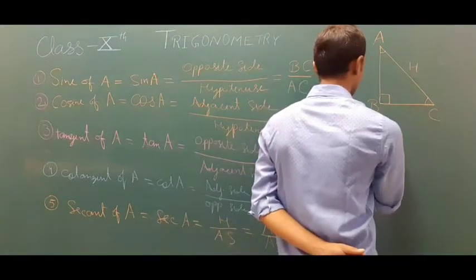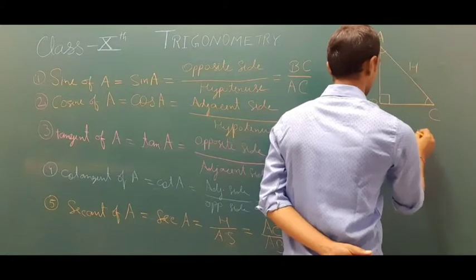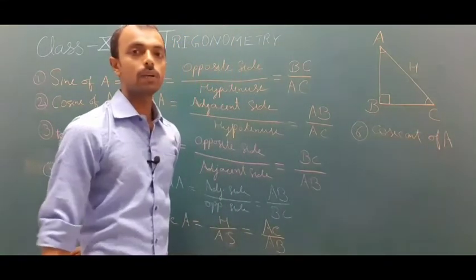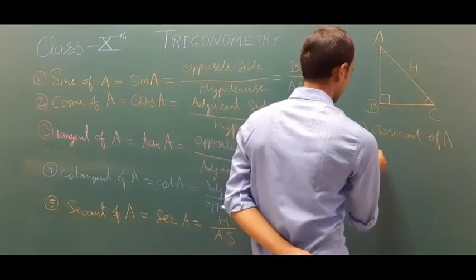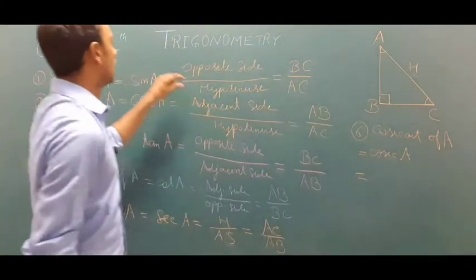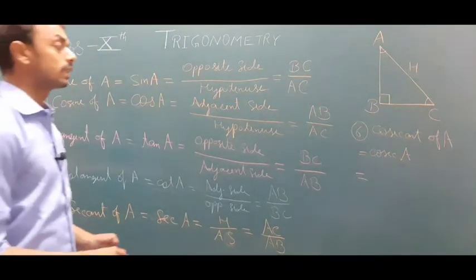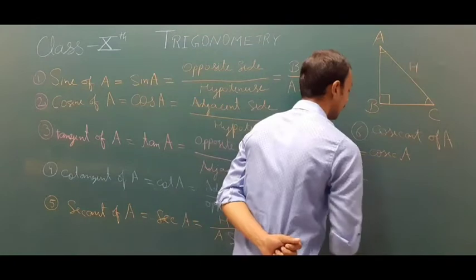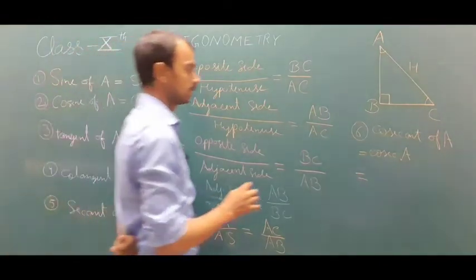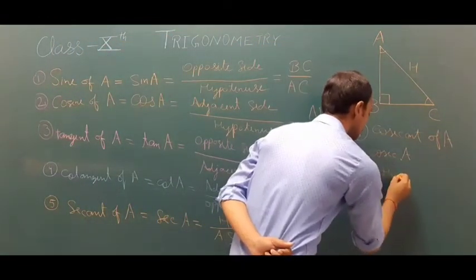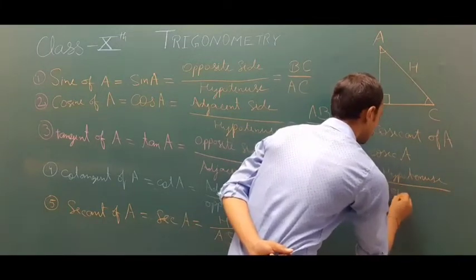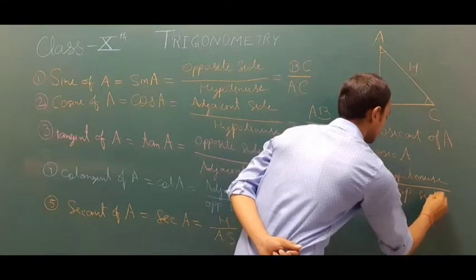Secant is there, then cosecant of A, which is denoted by cosec A. Cosec A is the inverse of sine, which means 1 upon sin A, that is hypotenuse upon opposite side.